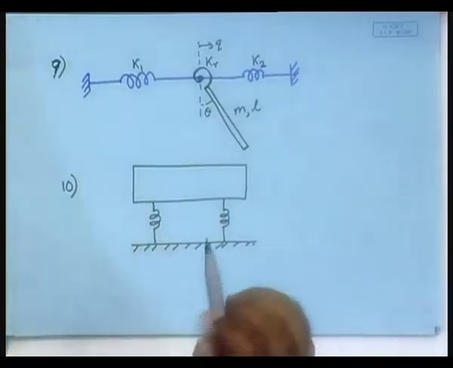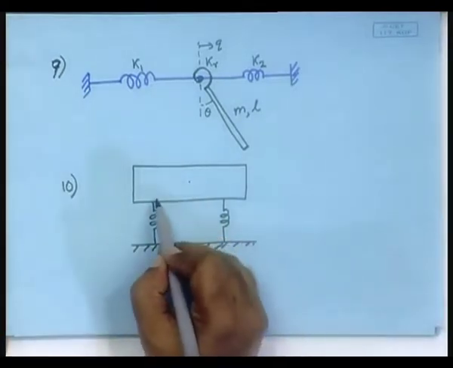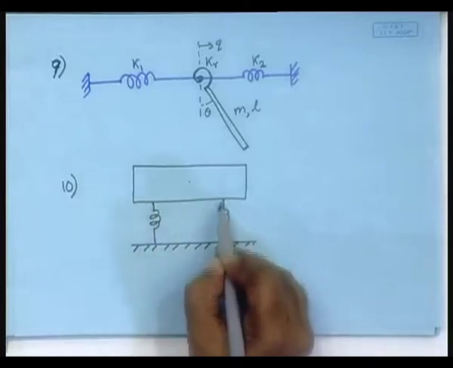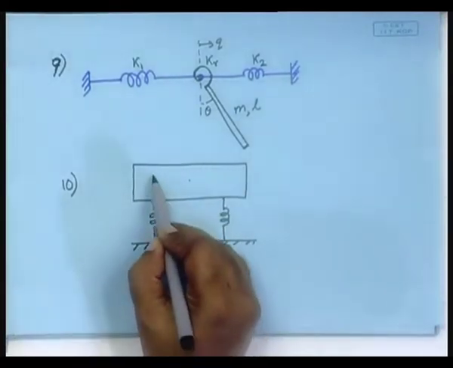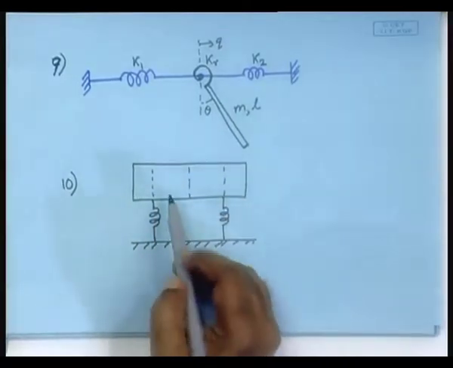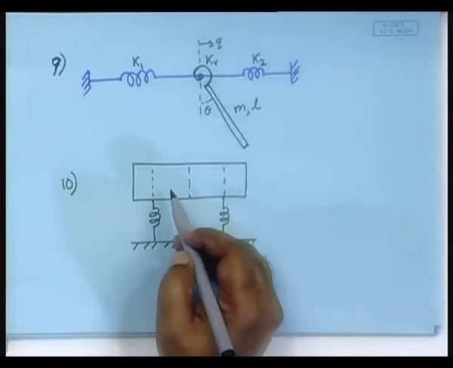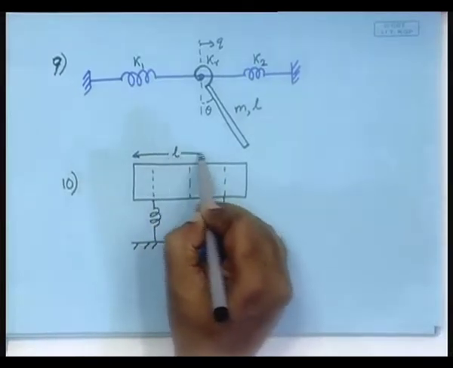Obviously, I will need to mention where the center of gravity is. I will need to mention where these two suspensions are. Fine. Let that be given. So, the total length is L, say.